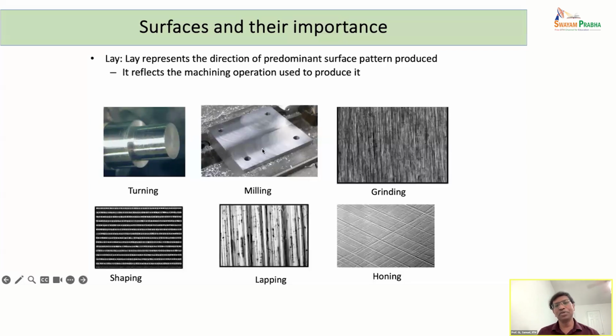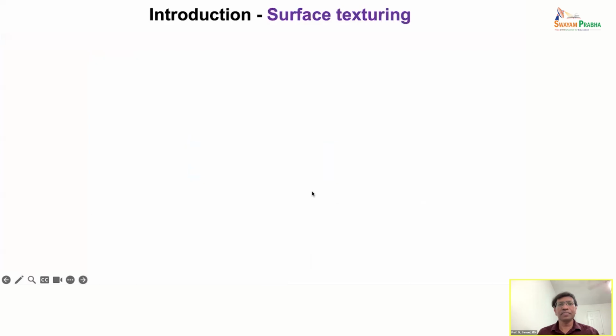Similarly, if you are doing a milling process, you can see the milling cutter which is circular, and then you will see the marks which have been left. When it is grinding, which is done with abrasive particles, they rub the surface and you can see their marks here. Similarly, when you shape it or do lapping and honing, you can see their marks left on the workpieces.